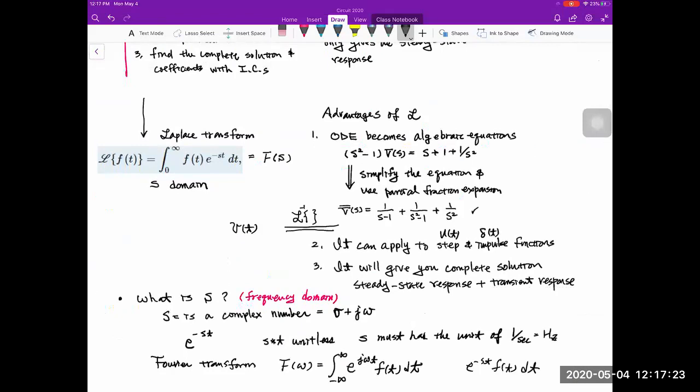If I can simplify those into this kind of simple term, you will see on the table 12.2, there's another inverse Laplace transform table. You can actually convert them back into a simple equation, and you can find out this time function from this.